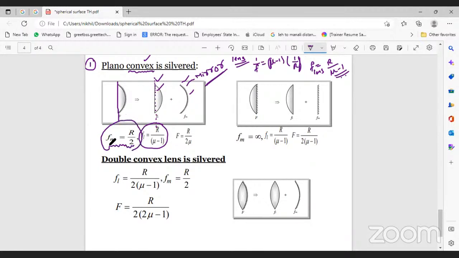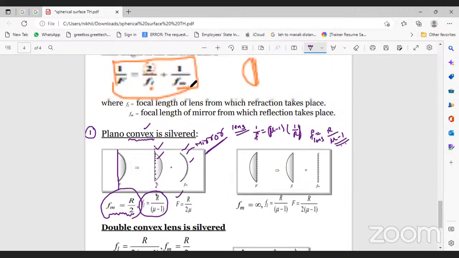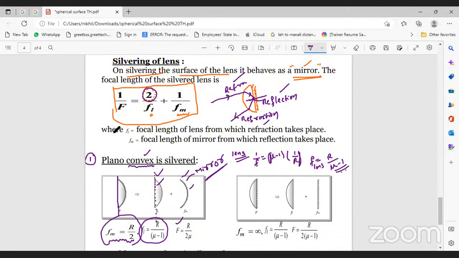If you know FM and FL, can't you calculate capital F by using this formula? Substituting the FL value and FM value, what will you get? F is equal to R divided by 2 mu. You got my point?